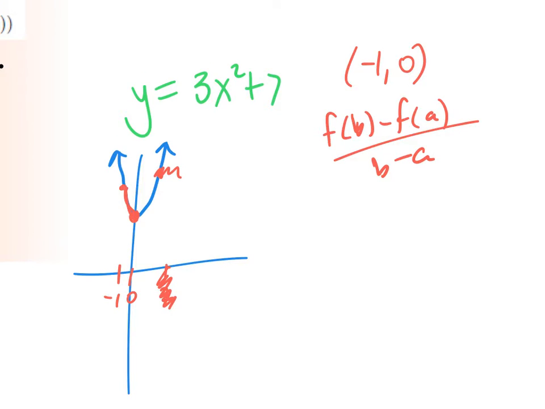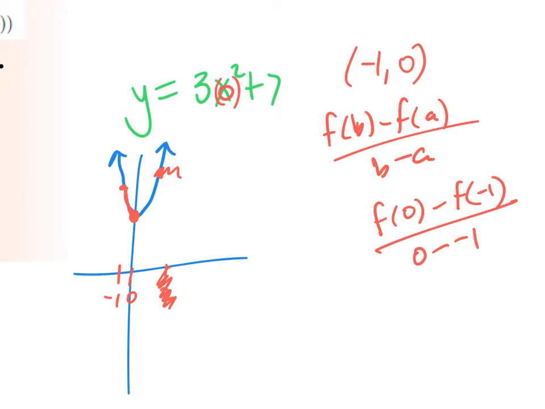f of b, in this case, b is 0. So that's really f of 0 minus f of -1 over b minus a, which is 0 minus -1. So that's f of 0. If I put in a 0, it would be 7 minus f of -1.